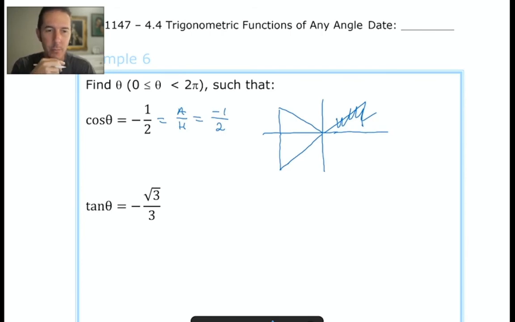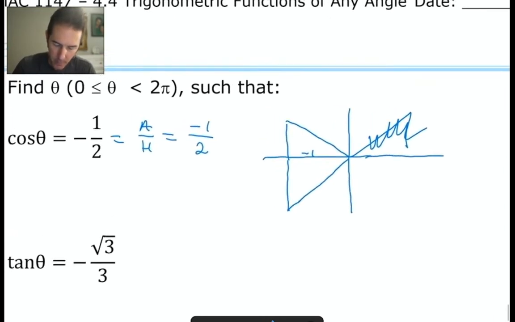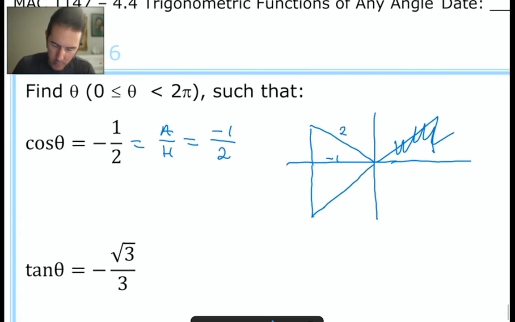Right, so now we need to label this lovely diagram that I just very quickly sketched onto here with an adjacent side of -1 and a hypotenuse of 2. So we're considering two triangles simultaneously here. The Pythagorean theorem tells us that this side length over here, oh, this is going to be a 30, 60, 90 triangle.